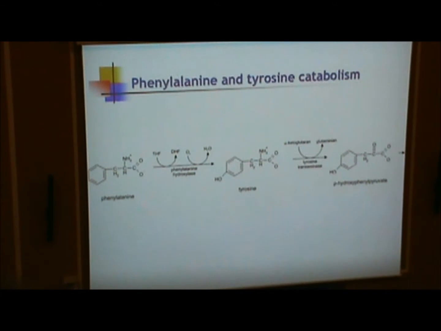An oxygen molecule participates in this process. Water is formed. The oxygen incorporates between this carbon and the hydrogen, forming this OH group. So phenylalanine converts into tyrosine.